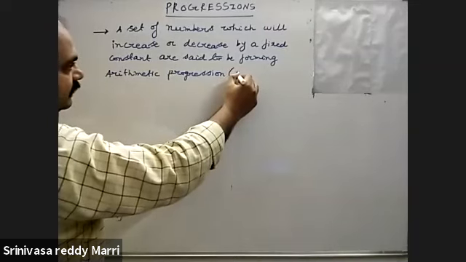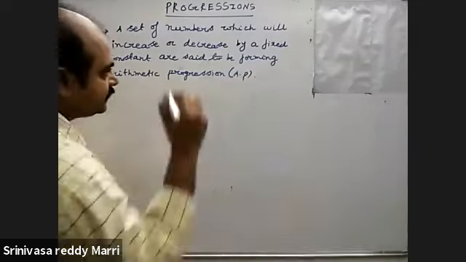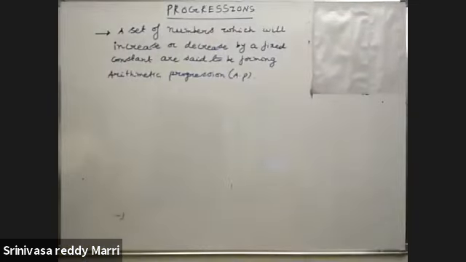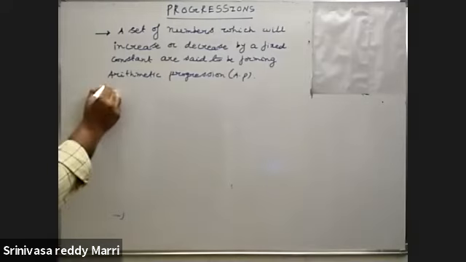This is called AP, arithmetic progression. A set of numbers which will increase or decrease by a fixed constant.